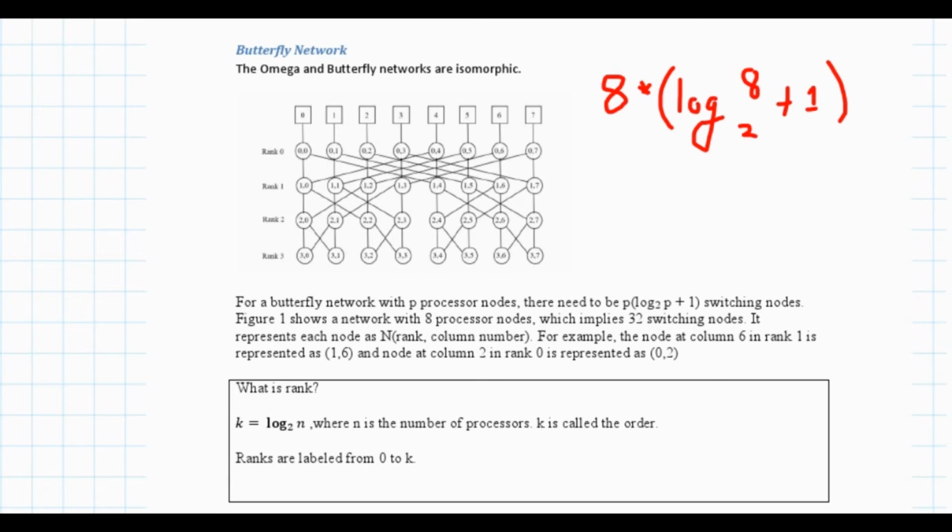If you simplify this, you will get 8 multiplied with 3 plus 1. That is 32. Now, if you count the number of switches in this interconnection network architecture, you can see that there are 32 switches here. How?